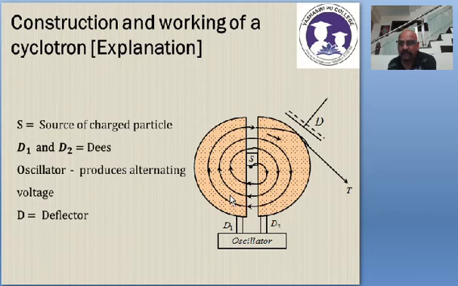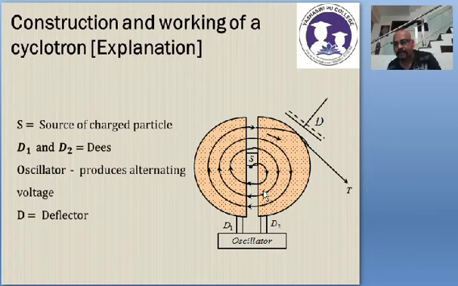When D1 is positive, D2 will be negative, because it is an alternating current source. When D1 is positive, D2 is negative, therefore a positively charged particle given by the source is attracted by D2 and moves inside.